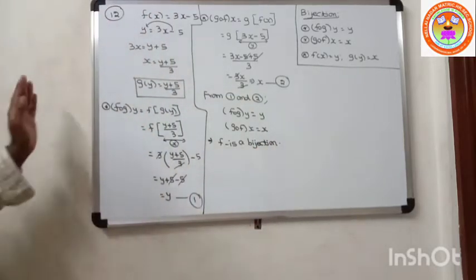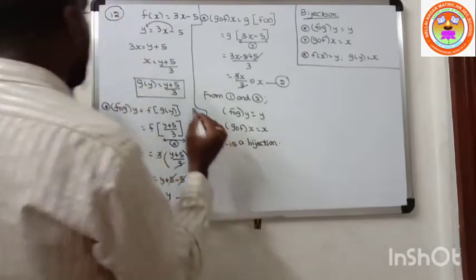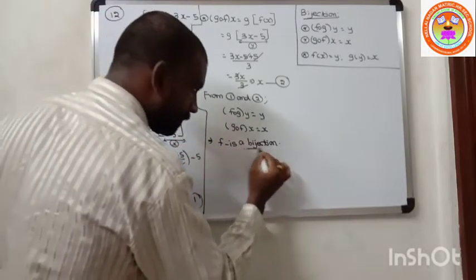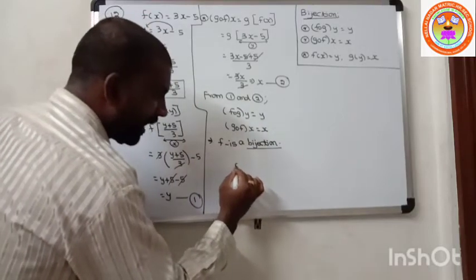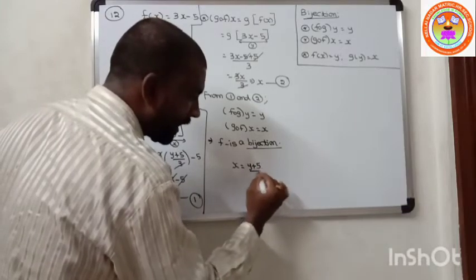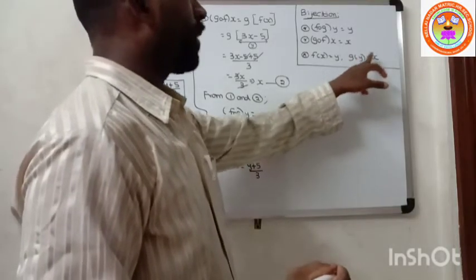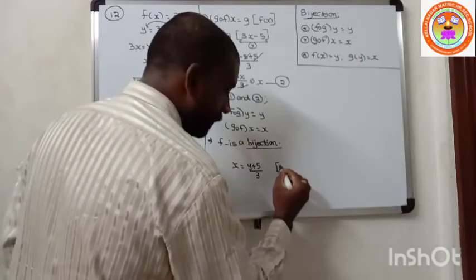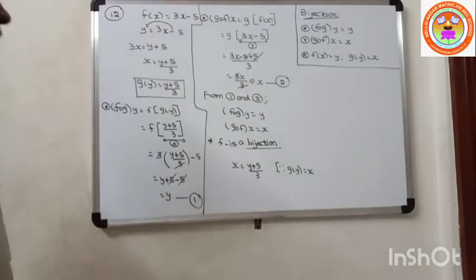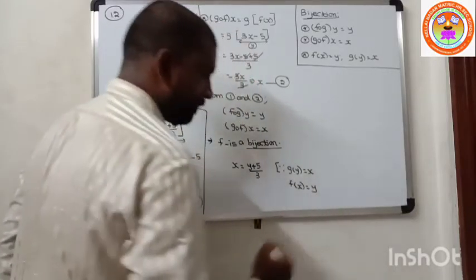Then one more question: find its inverse. X is already found out. Second one, find its inverse. So x is already found out, x equal to y plus 5 by 3. Here we already took g of y equal to x, so f of x equal to y.